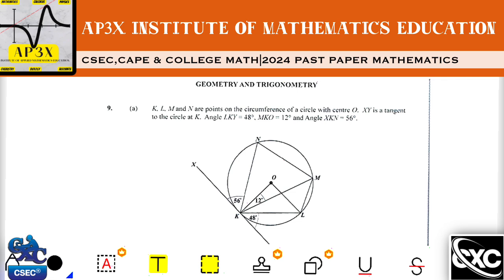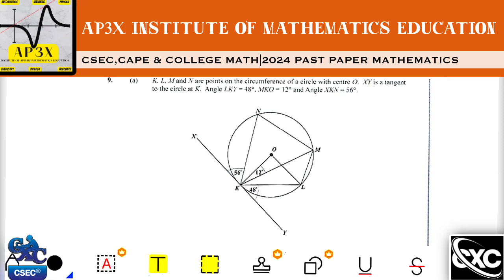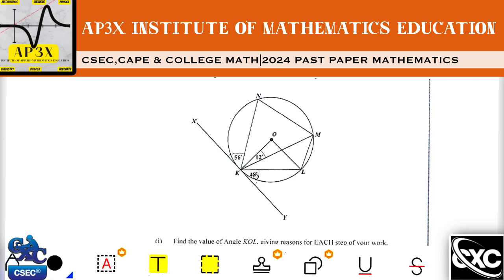All right, so we're going to be moving on to question 9. It says here K, L, M and N are points on the circumference of a circle with center O. XY is a tangent to the circle at K. Angle LKY is 48, that's that angle there.